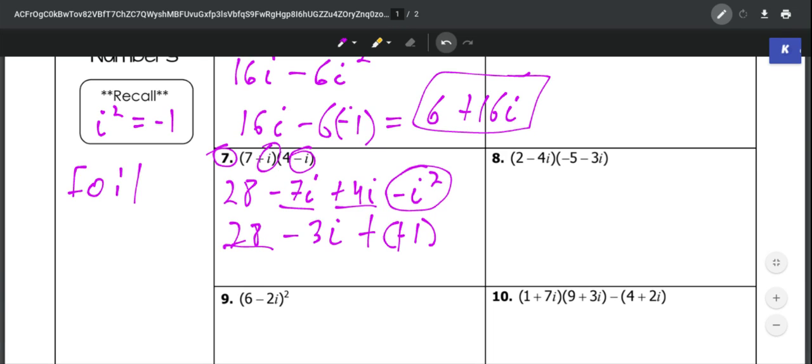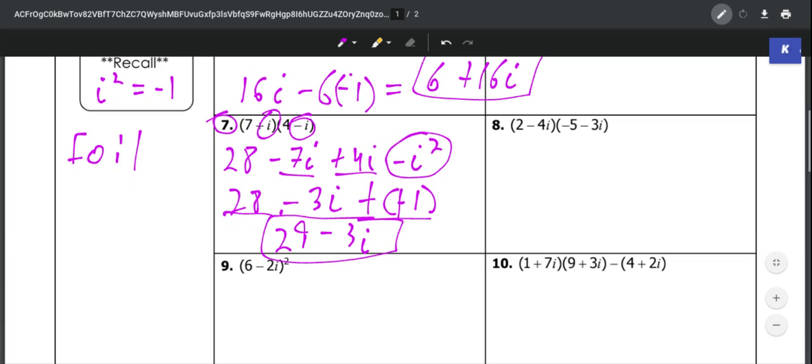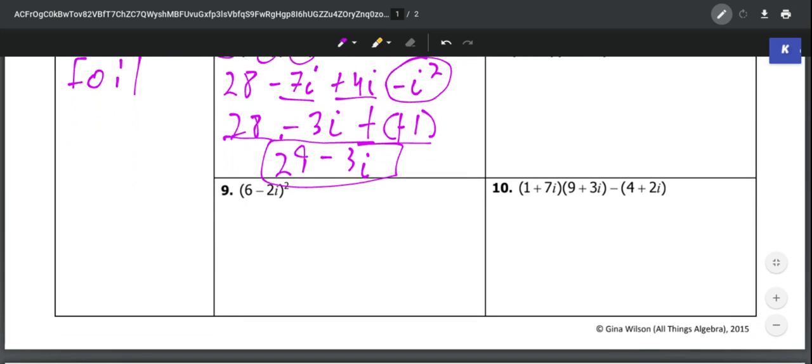So we're going to take 21 plus 1. Those are like terms. So we'd have 29, and we're left with minus 3I on the end. So that's what it would look like when you have to FOIL them, which we should all be familiar with. You may just have to remind yourself a little bit about foiling.